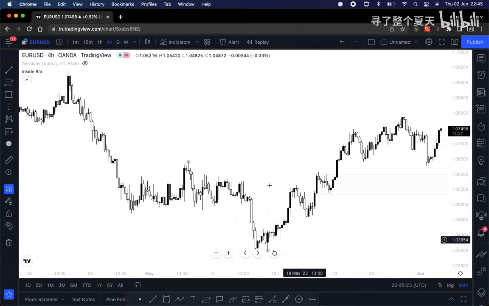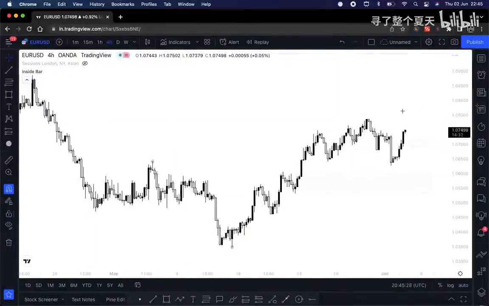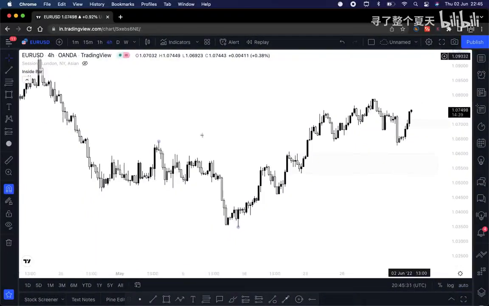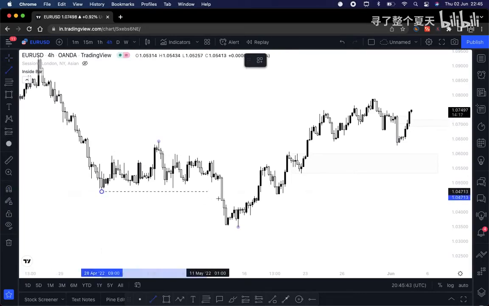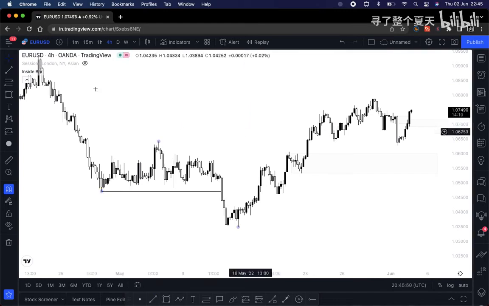So that will be you marking up your swing structure, and then your breaks of market structure, identify them with a solid line. So this will be my breaks of structure with a solid line, right? And then a change in trend, changing trend, goes with swing structure.